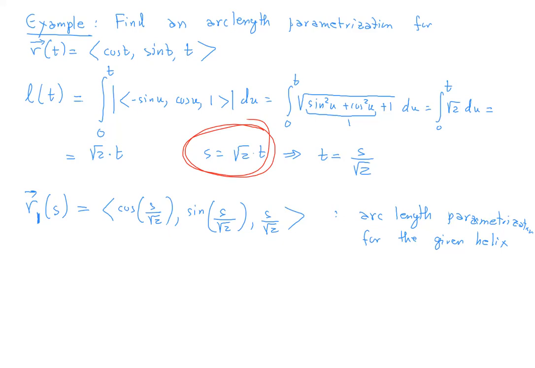And this process itself shows that the arc length parameterization exists. Finding it is a different story that hinges on how convenient the integrals that one gets in this process are.